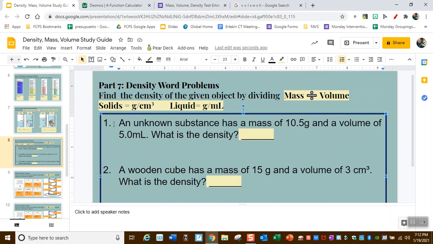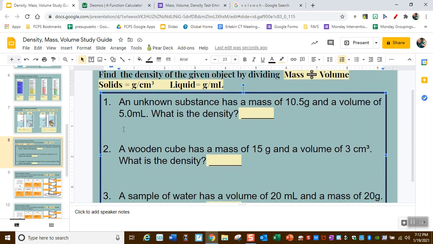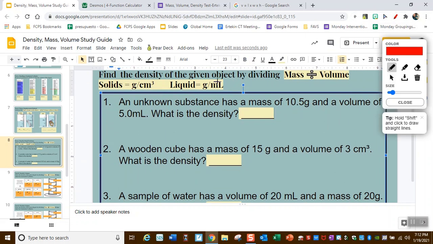Okay, let's do these two together. An unknown substance has a mass of 10.5 grams and a volume of 5 milliliters. What is the density? Okay, so remember, density equals mass divided by volume.